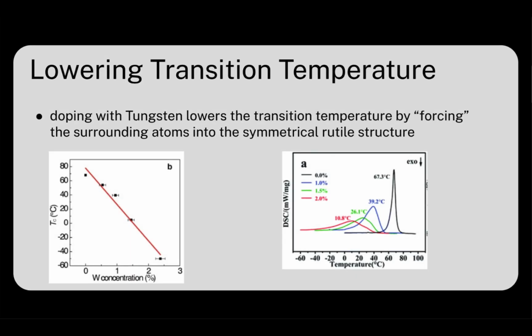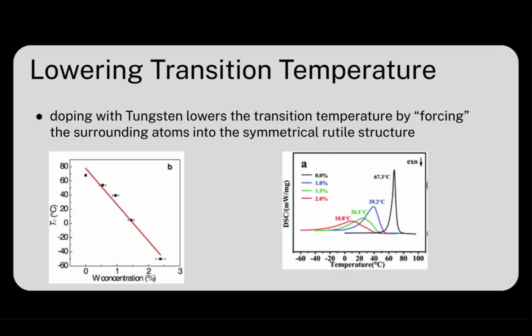In the study by Tan, Yao, Long et al., they used X-ray spectroscopy to analyze the structure of vanadium dioxide that was doped with tungsten and found that the local structure around the tungsten atom is intrinsically symmetric. This symmetry essentially forces the asymmetric monoclinic structure to form the symmetric rutile structure. So more tungsten makes this transition easier, lowering the transition temperature.